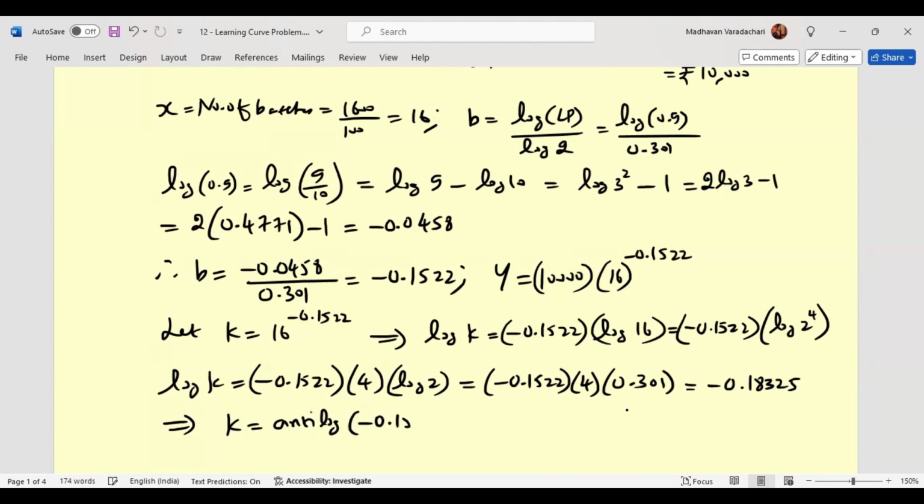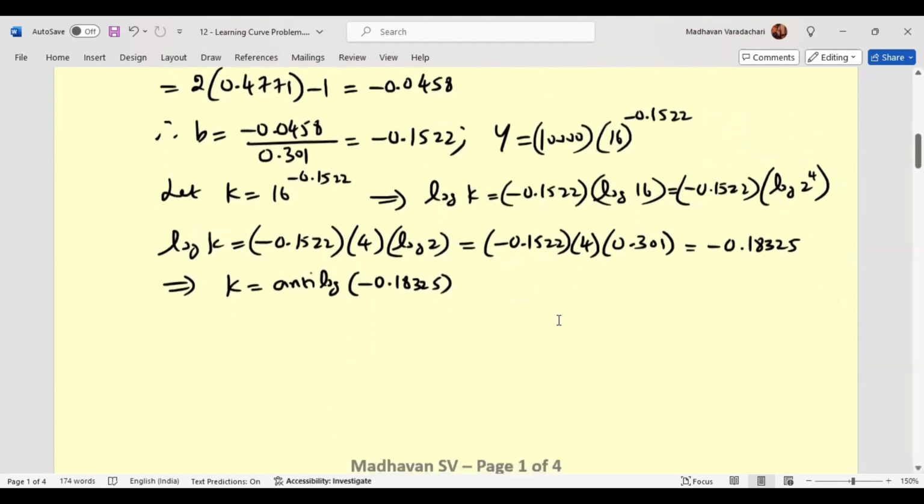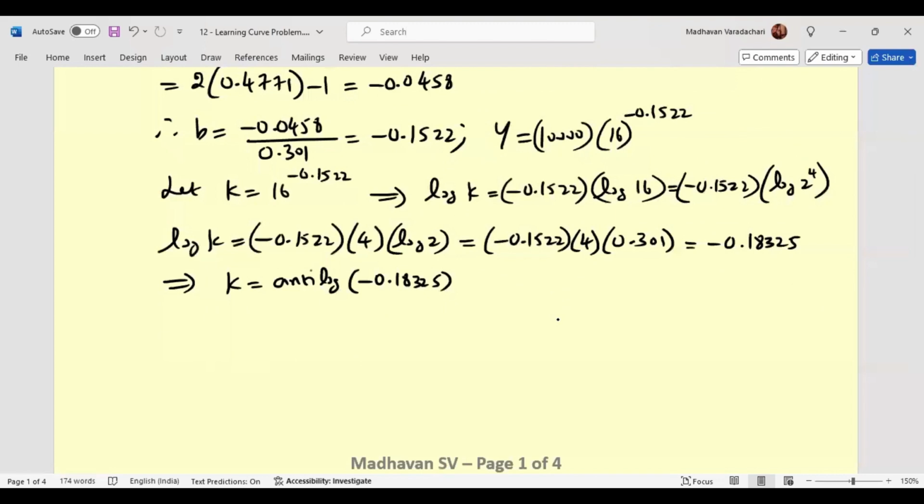This means that K will be antilog of negative 0.18325. Now, to calculate antilog using our regular calculator, we will first type the number, that is minus 0.18325. Then we will multiply that by 1.2345 with 5 zeros after the decimal point and then 44. Then we will add 1.